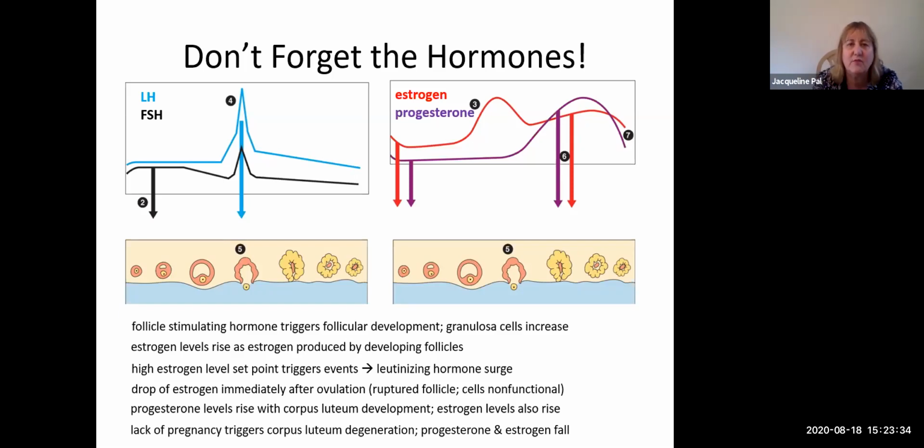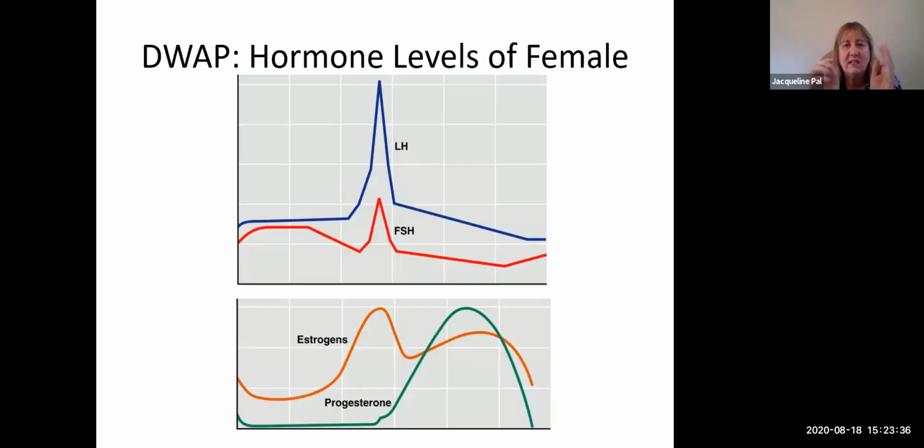So walk yourself through this, discuss it with somebody else. I put both of them on top of each other so you can look at the timing of both, and make sure you understand these hormone levels and relate them to what is happening in the ovary. So use the words of the ovarian follicle types in this.